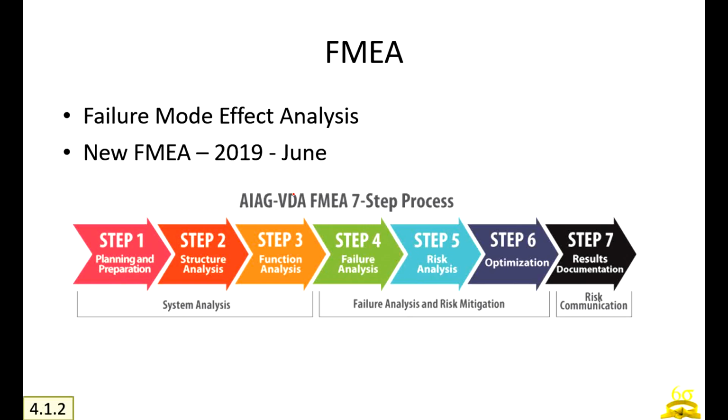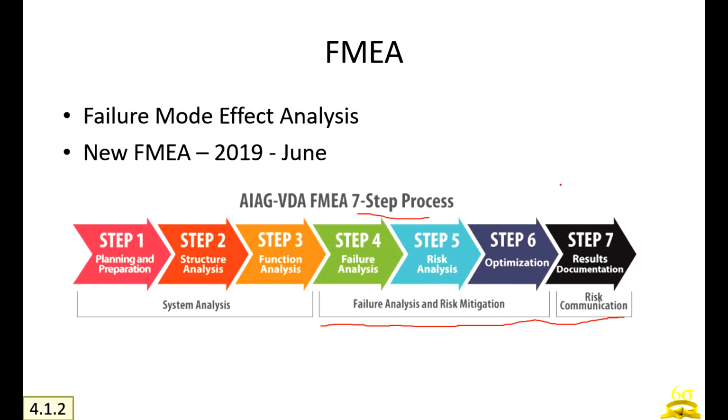Now before we proceed ahead, I just wanted to share with you all that AIAG and VDA has come up with a new FMEA, a failure mode and effects analysis. And this new FMEA has 7 steps within it. Currently what I am sharing with you all is as per the old FMEA, which was from step 4 to step 7 broadly, or to be very specific, step 4 and 5.